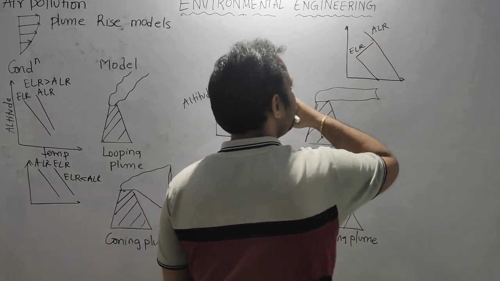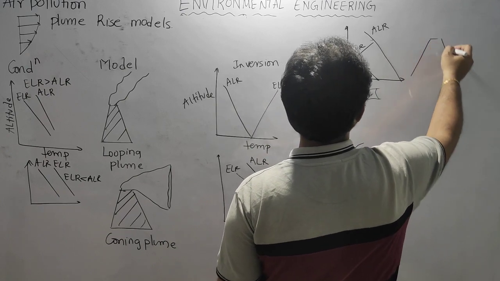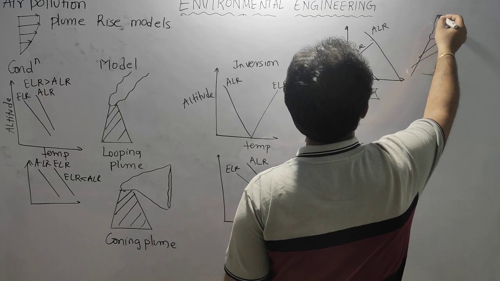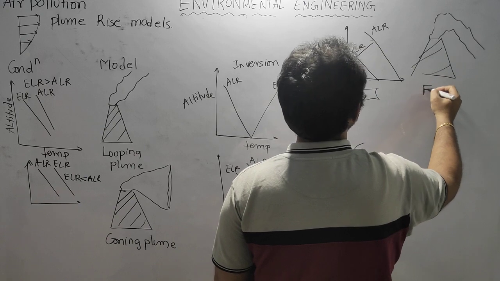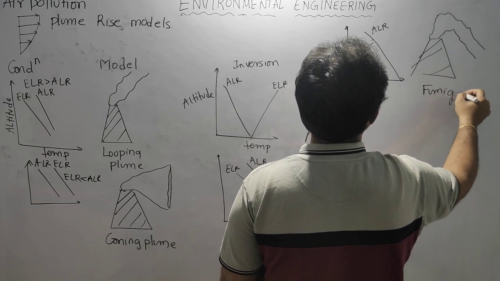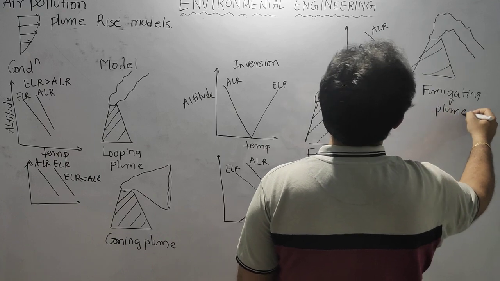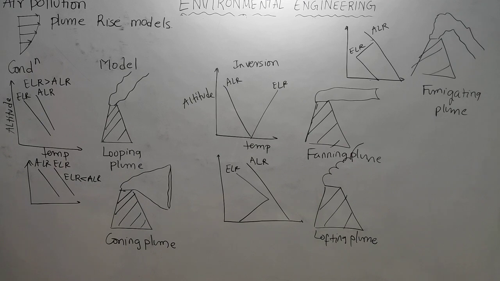In this case, we get a fumigating plume. The plume will rise and then it will come down. This is called a fumigating plume.